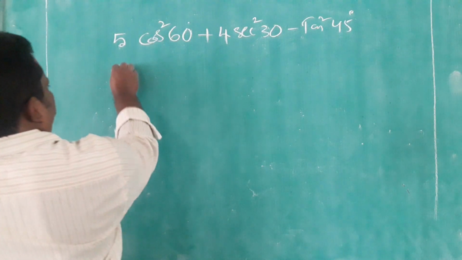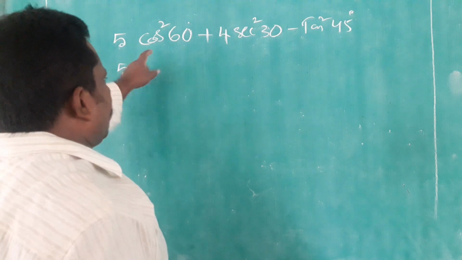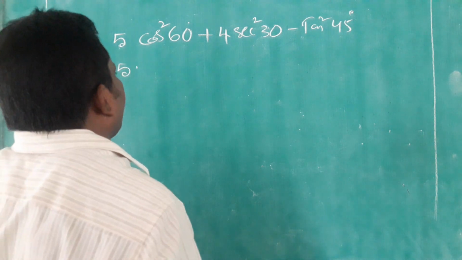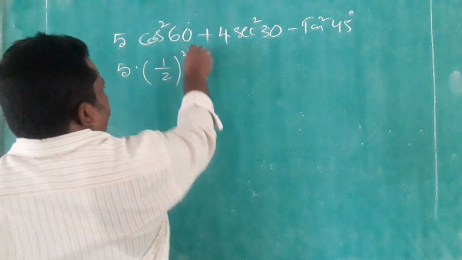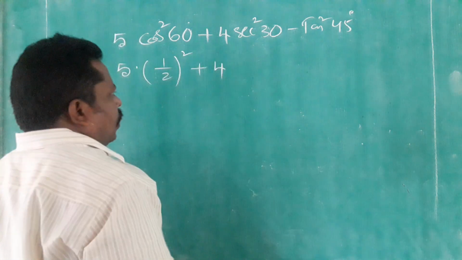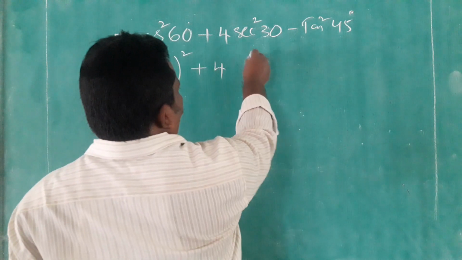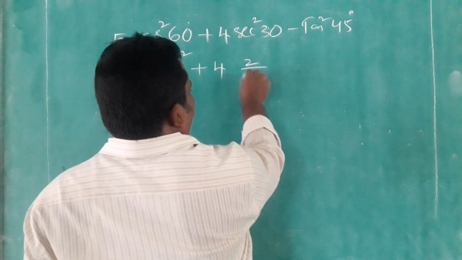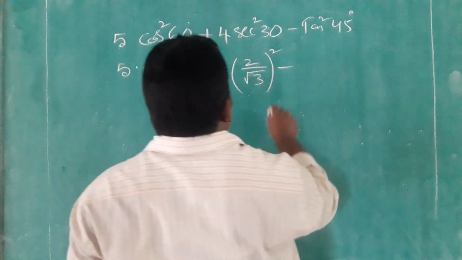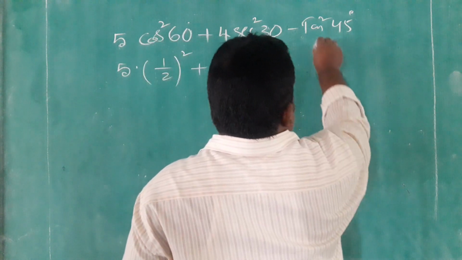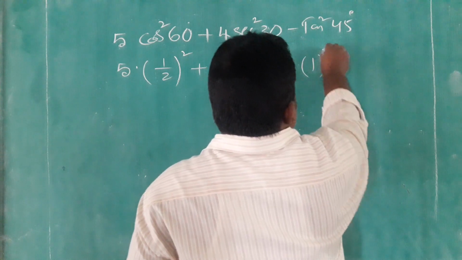Now see children, 5 into cos 60 value. Cos 60 value how much? 1 by 2 whole square, plus 4 into sec 30. Cos 30 is root 3 by 2, so sec 30 is 2 by root 3, whole square, minus tan 45 means 1 whole square.